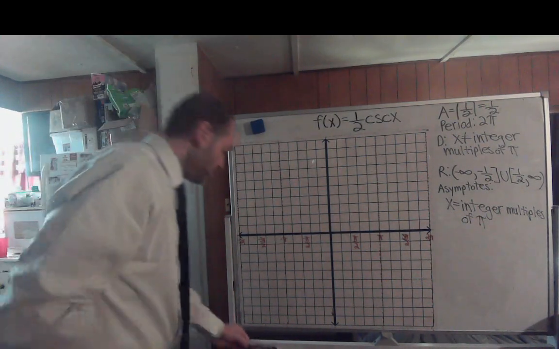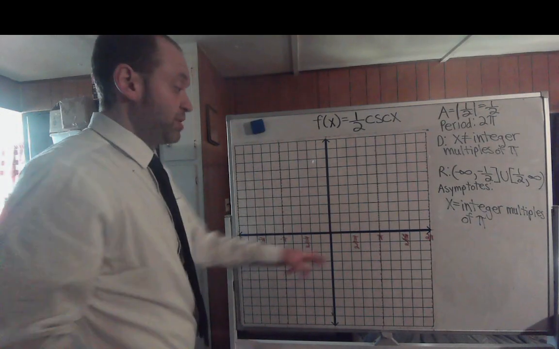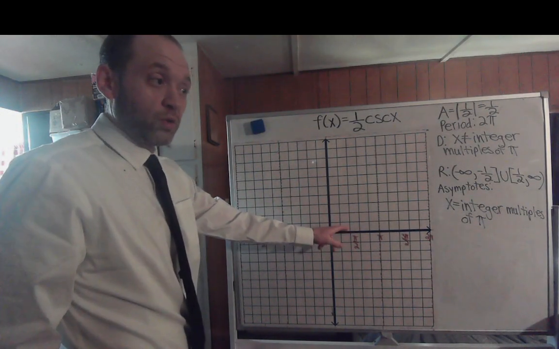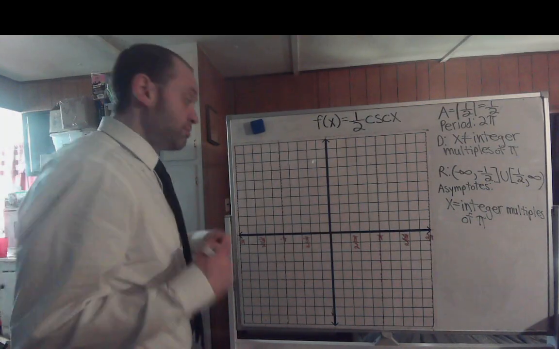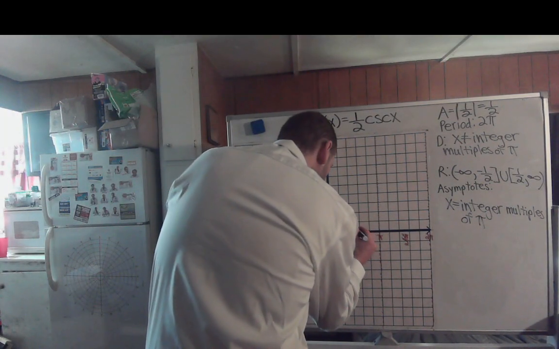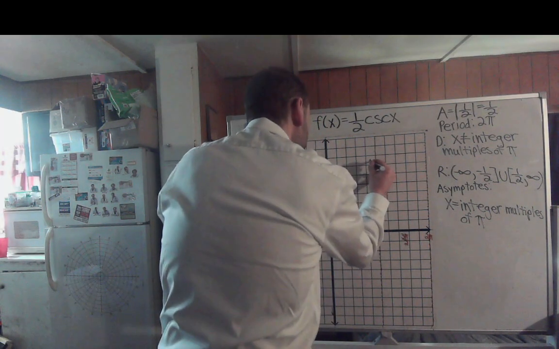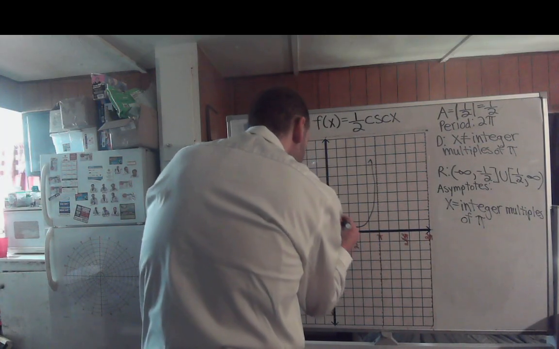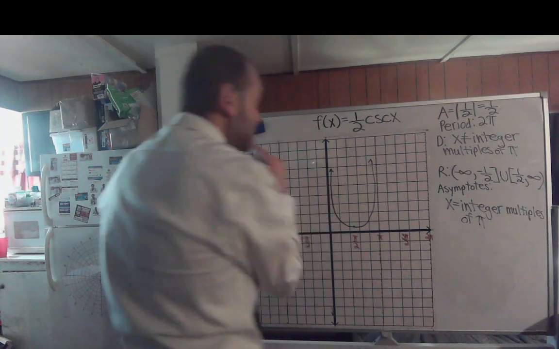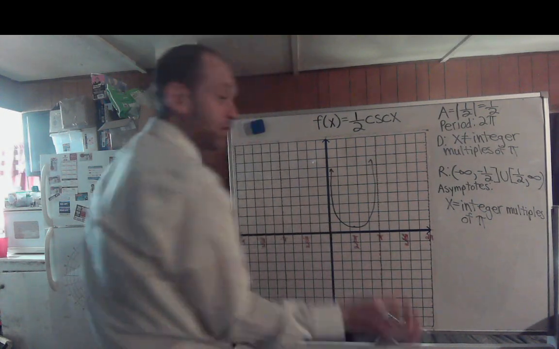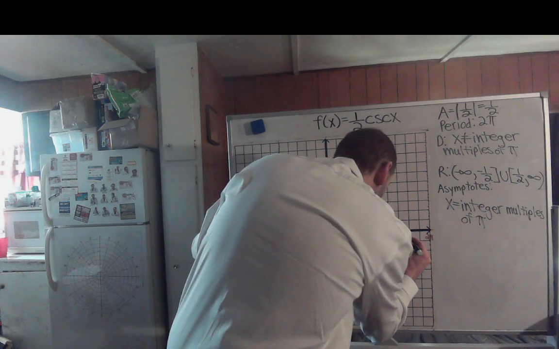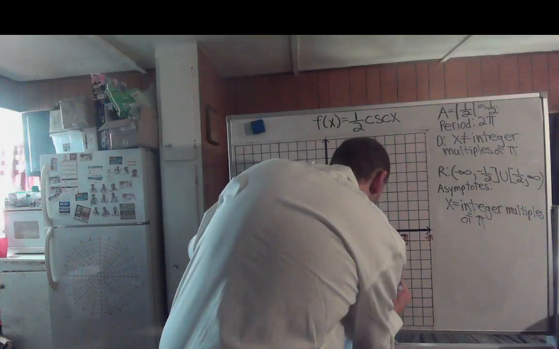Alright, so let's start with the cosecant of pi over 2. That's normally going to be 1, but take half of that, you're actually at y equals 1/2. So we'll come up like this. Take the cosecant of 3 pi over 2, that's normally negative 1, but take that times half, you're actually only going to have y equals negative 1/2.